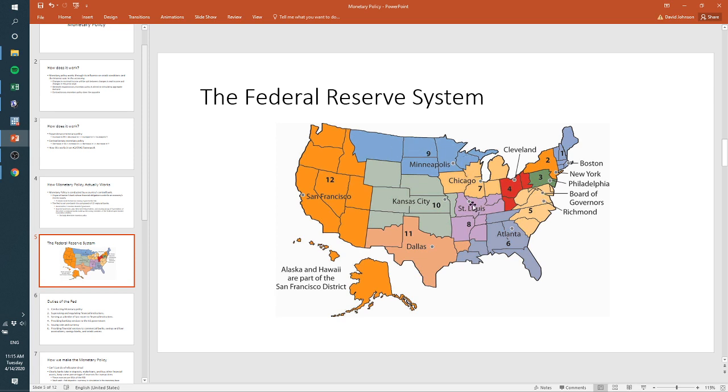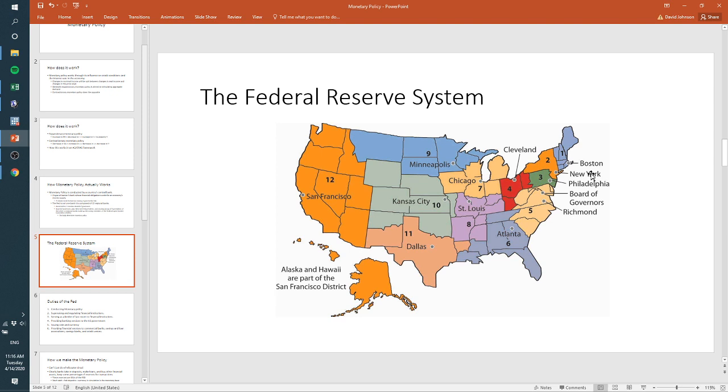We have Chicago, St. Louis, Atlanta, Richmond, Philadelphia, New York, and Boston. New York's a bit of an odd duck. They are always in a leadership role, and fundamentally that's because they have a large financial sector and a large population, so it makes sense for them to always have some say.